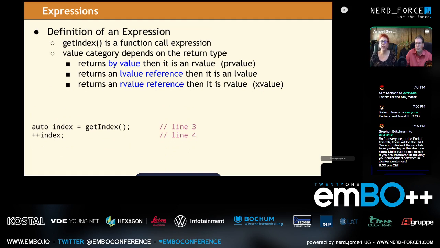We've noted that if it returns by value, it's really a PR value, which is an R value. And on the last line, we're saying it's really an X value, which is an R value. But the value category for getIndex, if the return is an L value reference, then the category is an L value. Now, this probably already sounds a bit confusing, and it might be.